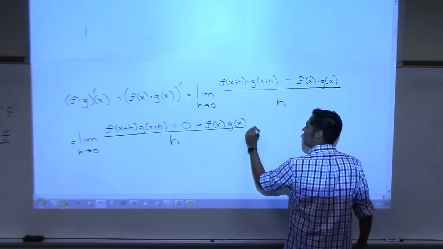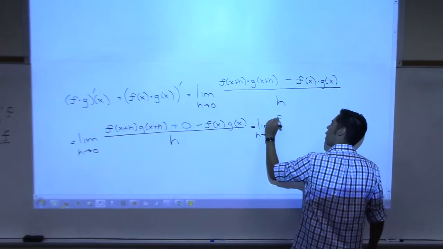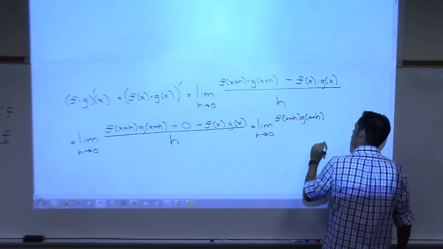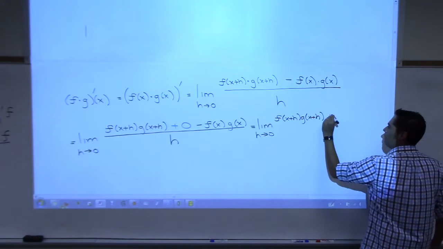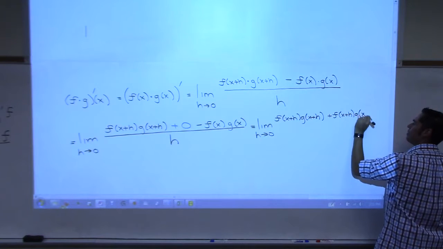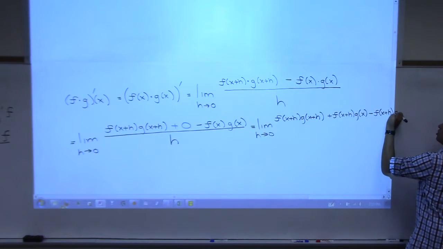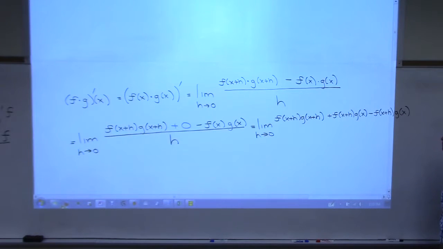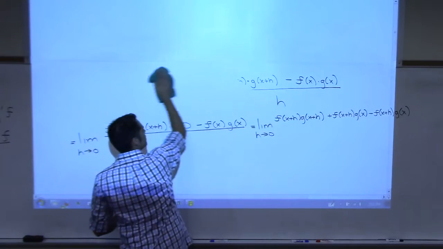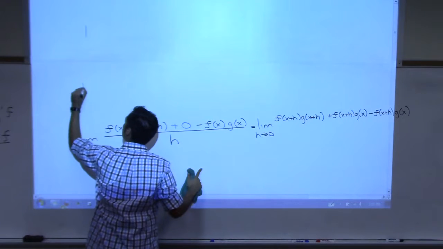But now I get to write that 0 however I want. And here's how I'm going to write it. Here it comes. You ready for it? Plus f of x plus h times g of x minus f of x plus h g of x. I'm going off the board. You know what? I'm going to write it up here because I want it all to be on camera. Some things I don't care about not being on camera. This proof is nice enough that it deserves to be on camera.